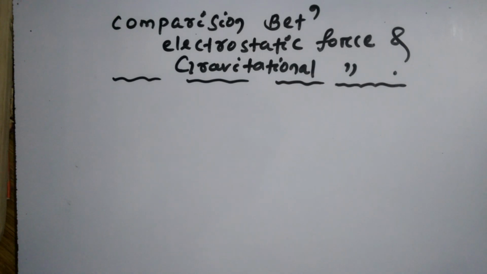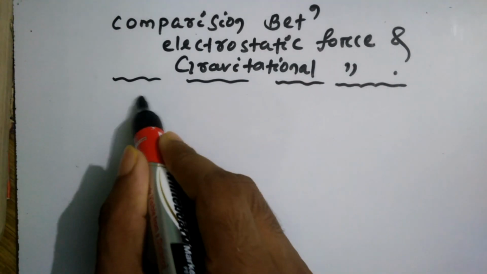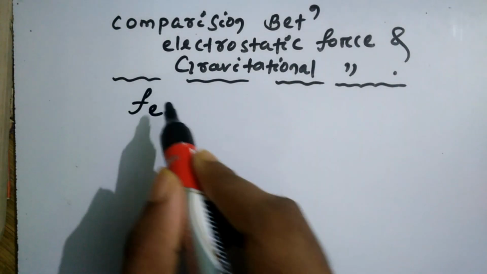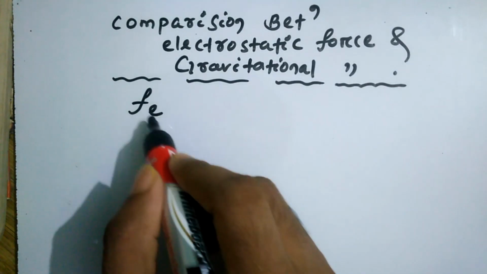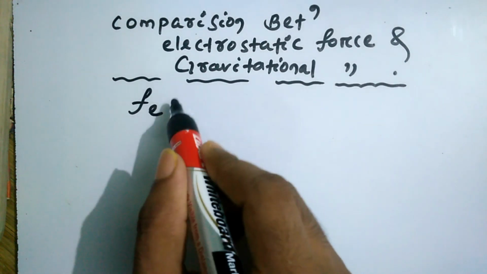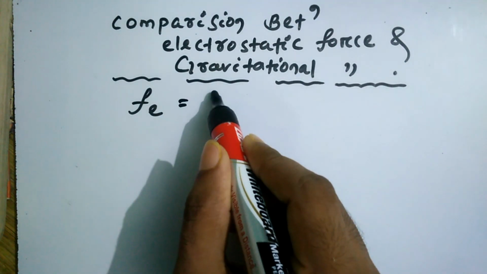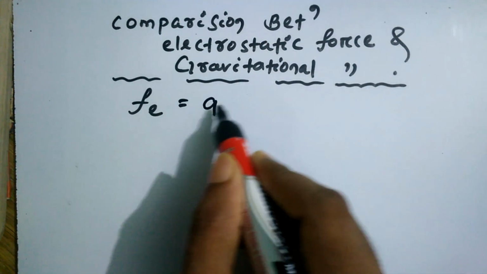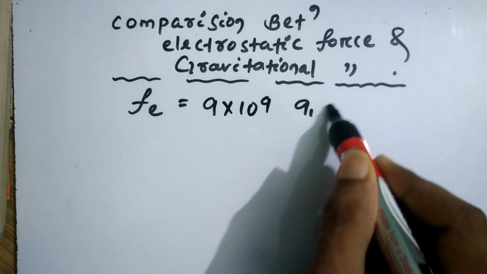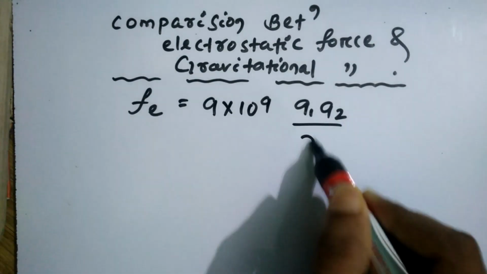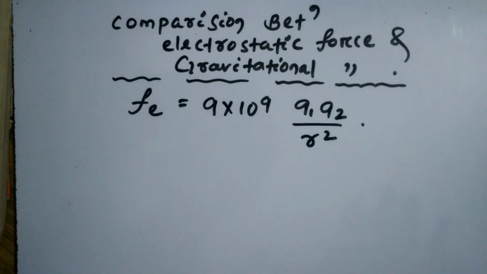Now, I am denoting the electrostatic force as Fe. Fe means electrostatic force. So Fe is equal to 9 into 10 to the power 9 Q1 Q2 by R square. That is the electrostatic force.